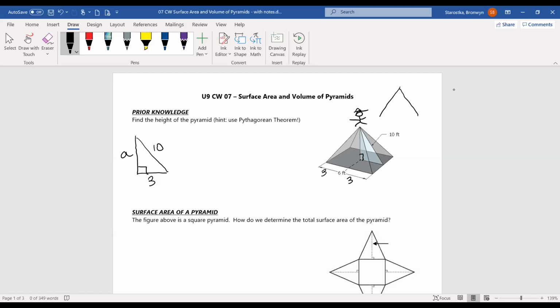All the faces of our pyramids are going to be triangles, and those triangles are going to have their own individual height. So the height of a triangle face we call the lateral slant height. So 10 is L for lateral slant height.